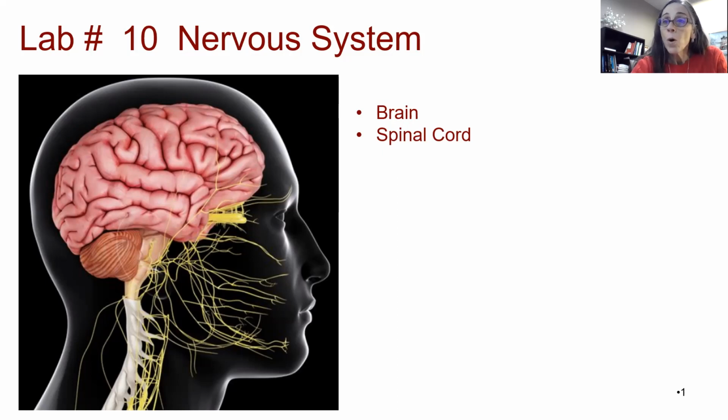Both of them will trigger action from either smooth muscle, cardiac muscle, or glands. Now, there are two nicknames given to these subdivisions of the autonomic nervous system.